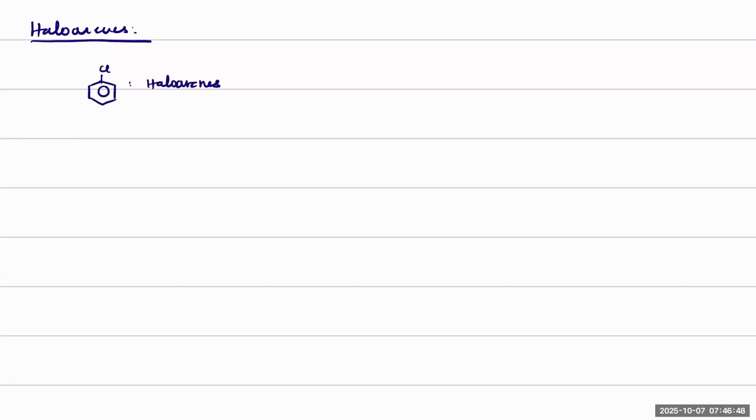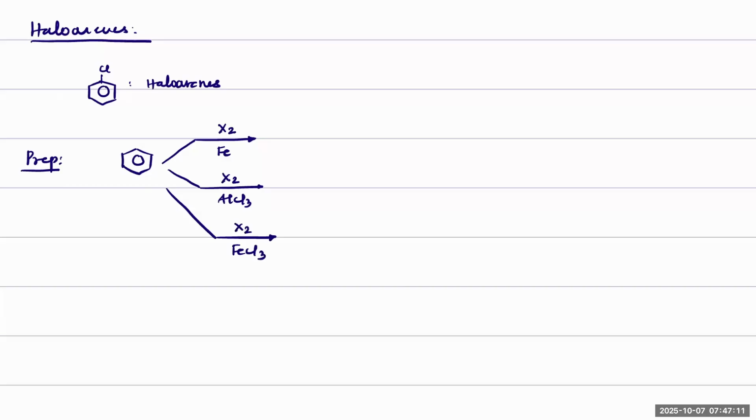If you notice the preparation, out of many reactions on benzene, if you react that with X2 in the presence of iron, or X2 in the presence of AlCl3, or FeCl3, or FeX3, they all will give you only one product, that is halobenzene. Got it? This is what you will get.